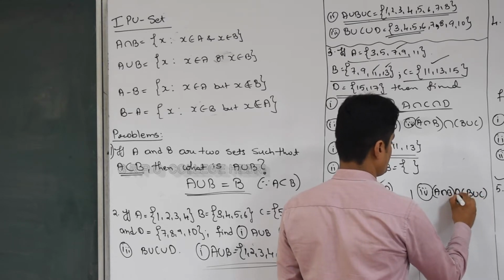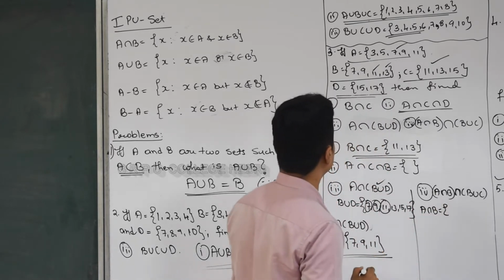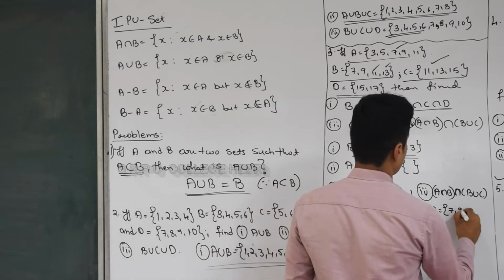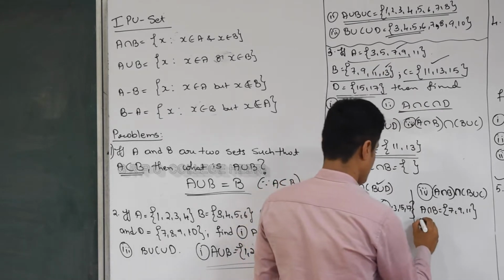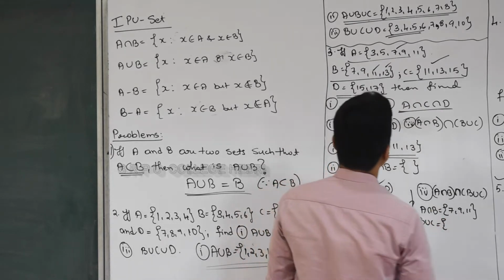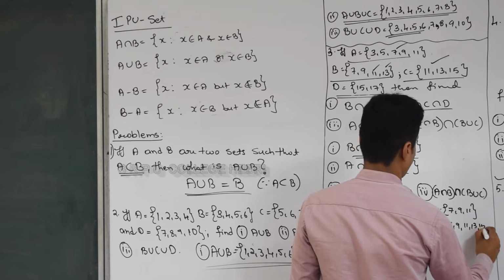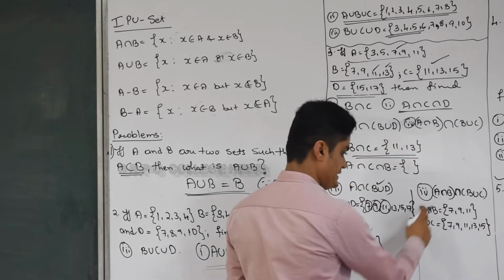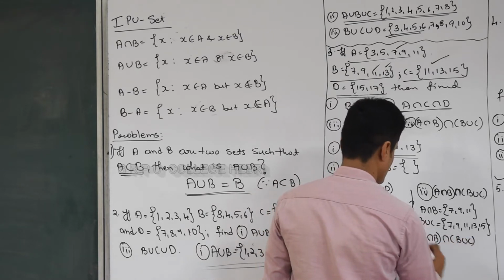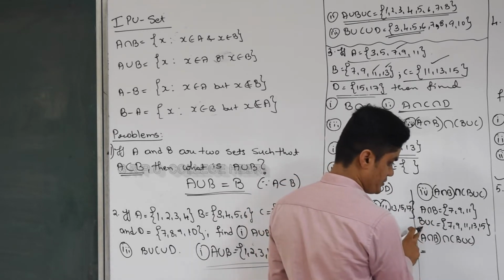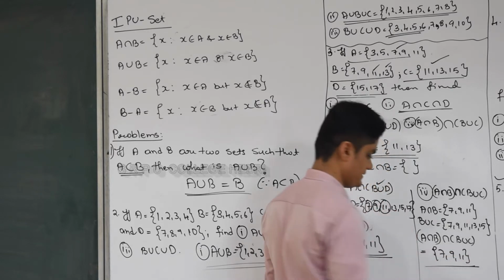Next: A intersection B intersection B union C. Here also two operations are used, so be careful. First you find out A intersection B. What is common? 7, 9, 11 are common. Then find out B union C, which is 7, 9, 11, 13, 15. Correct. Now take the intersection of this with A. A intersection B union C gives again the same answer we got in the first case, 7, 9 and 11.